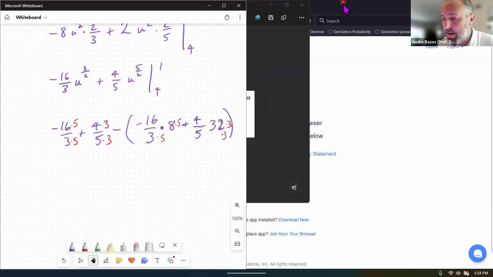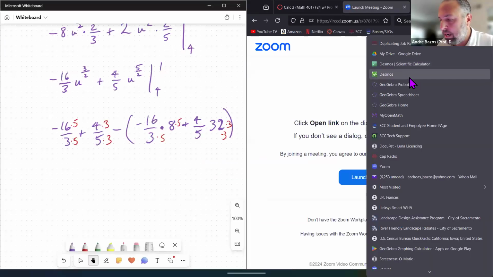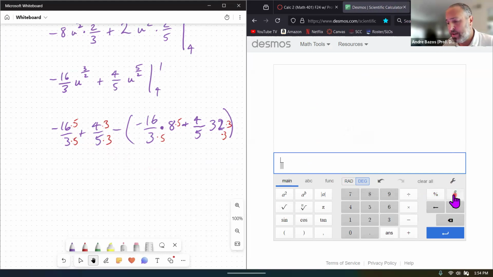And let's go to my favorite calculator of all, particularly my favorite scientific calculator, but my favorite graphing calculator is Desmos as well. All right, so I just want to plug this stuff in there. So I'm going to cheat a little bit and use the fraction work. So let's go negative 16.